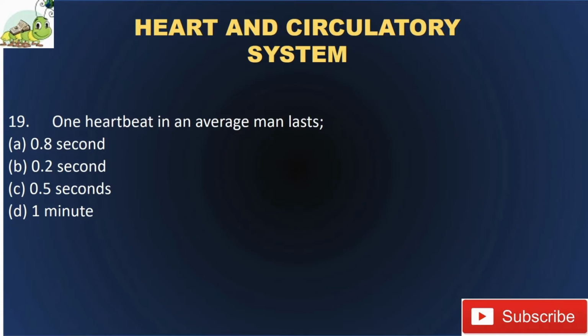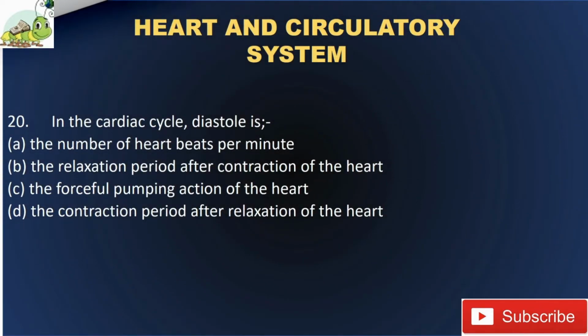One heartbeat in an average man lasts 0.8 second, 0.2 second, 0.5 second, 1 minute. Question number 20. In the cardiac cycle, diastole is the number of heartbeats per minute, the relaxation period after contraction of the heart, the forceful pumping action of the heart, the contraction period after relaxation of the heart.